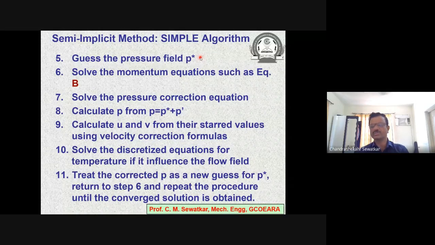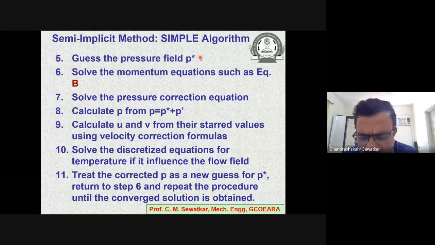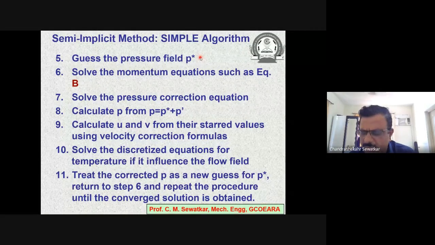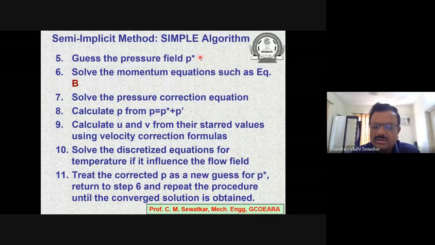I'm going to share with you the results obtained for a simple lid-driven cavity flow problem. You can compare your result with the results which we will provide to you, and that will give a very good hands-on experience to the students in solving the entire Navier-Stokes equation. Let me tell you, if any of your students is able to solve the entire Navier-Stokes equation at undergraduate level, he is immediately picked up in the industry.